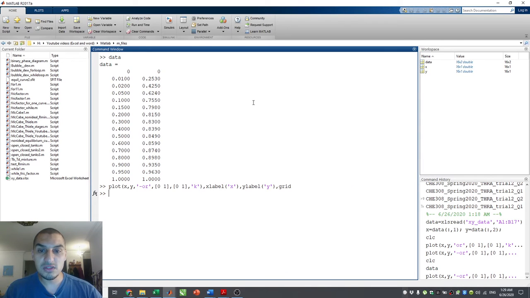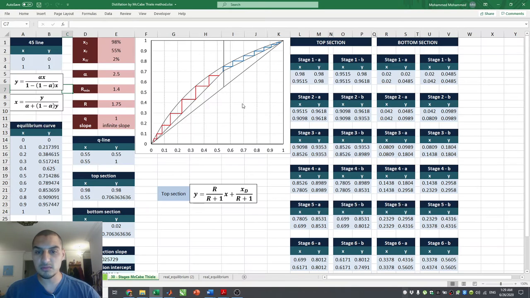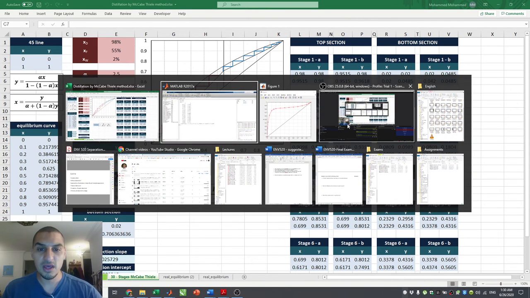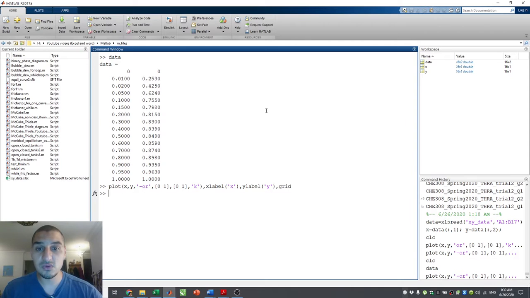To do this, we need to find an equation that I can use to... I'm going back and forth, I'm sorry about that, but I need an equation to replace this equation so that I can put y as a function of x that will take that shape that we just talked about before, so we can replace this equation and do the process of calculating the number of stages. That's why it's important for me to find a way to fit this data.